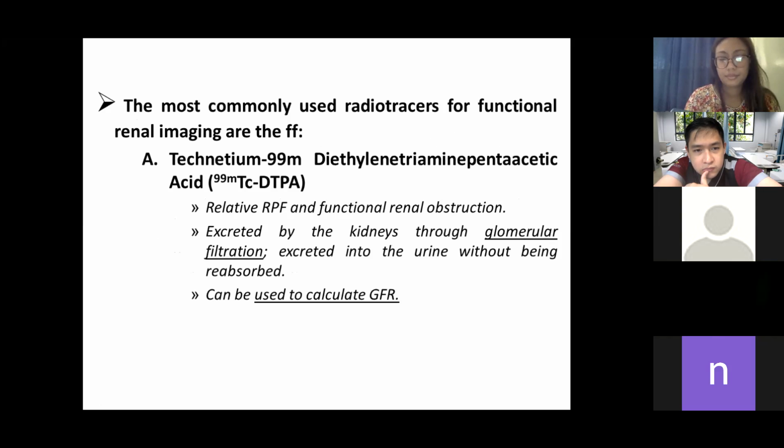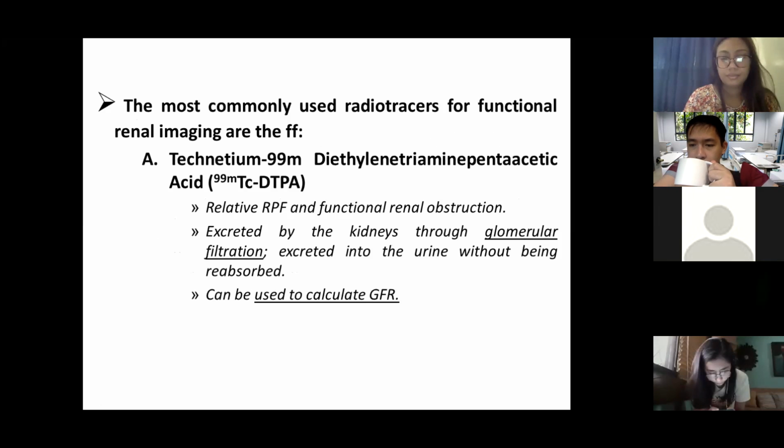This is excreted by the kidneys through glomerular filtration, and the drug moves quickly through the renal tubules and is excreted into the urine without being reabsorbed. Because of this mechanism, it can be used to calculate GFR, the glomerular filtration rate.